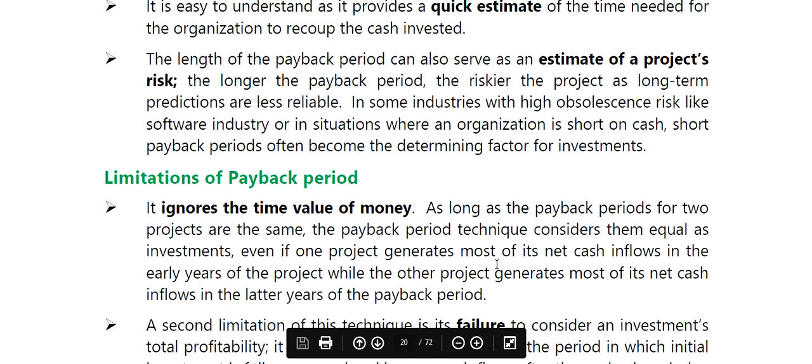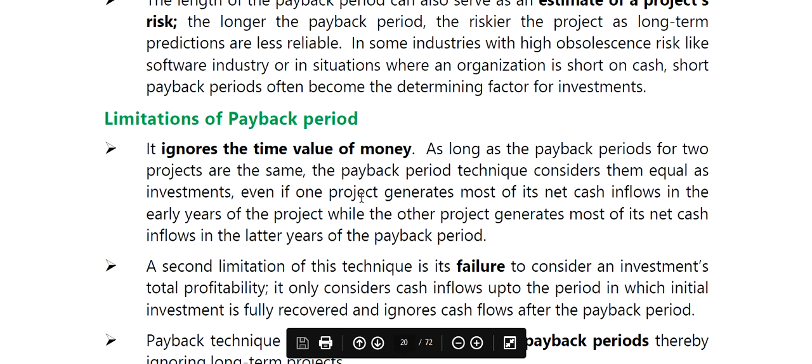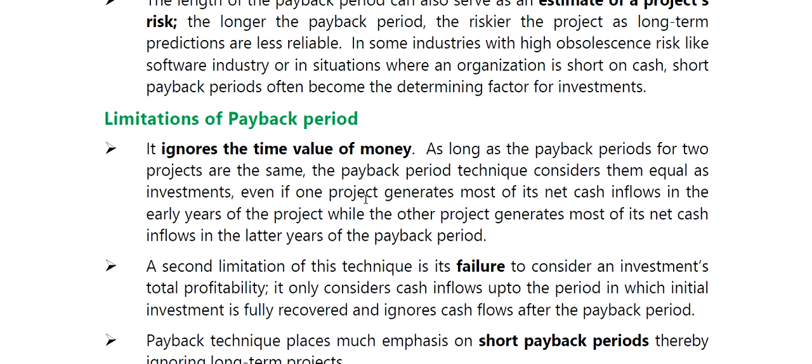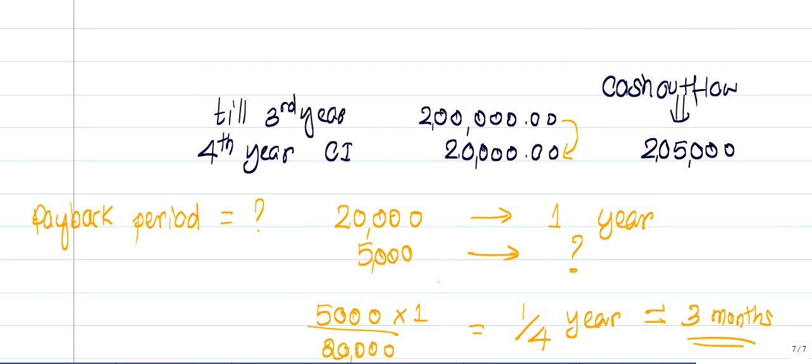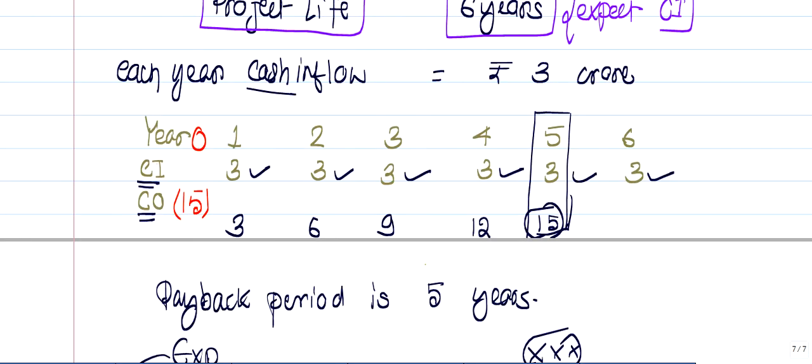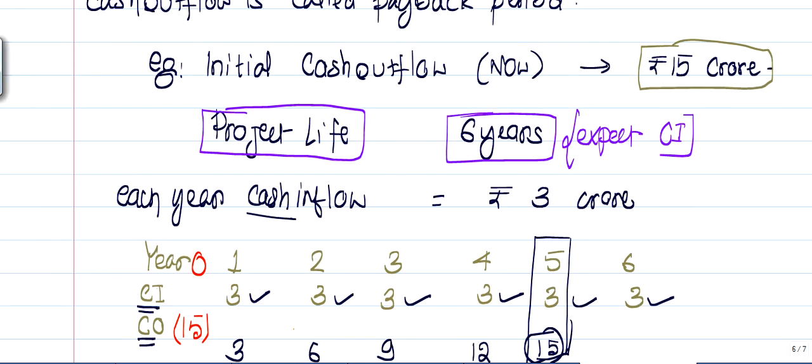But what are the major limitations? It ignores the time value of money. In this case, we said we will receive 3 crore in the first year, 3 crore in the second year, 3 crore in the third year. But is the 3 crore received at the end of the first, second, or third year the same value as today?